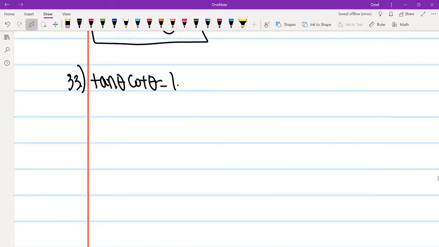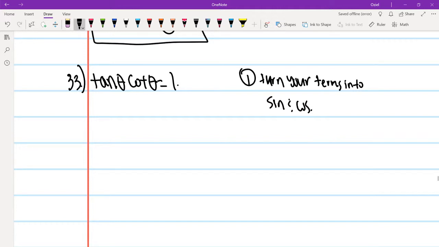So for this one, one of the things that I recommend is to turn your terms into sine and cosine if they're not already.